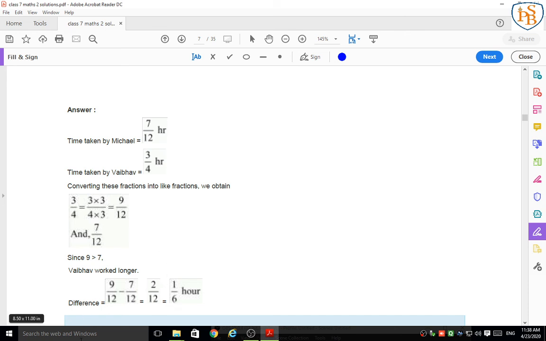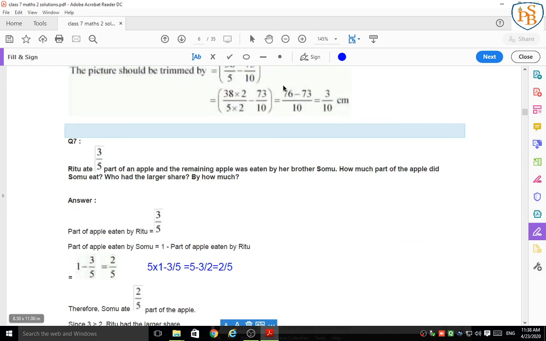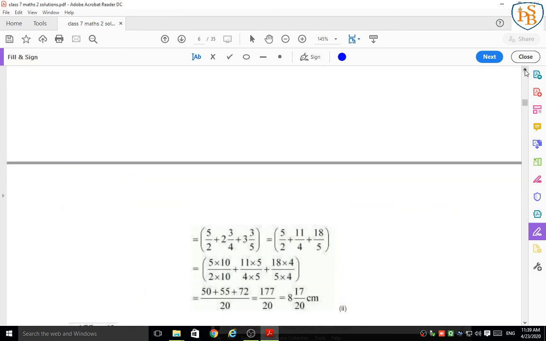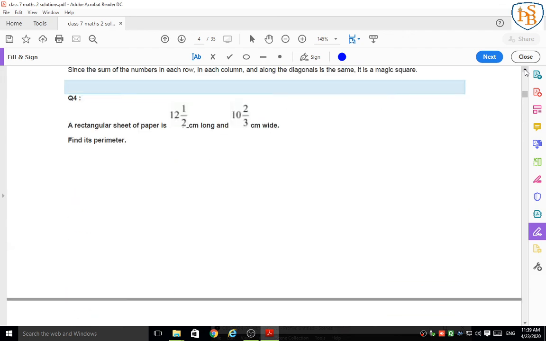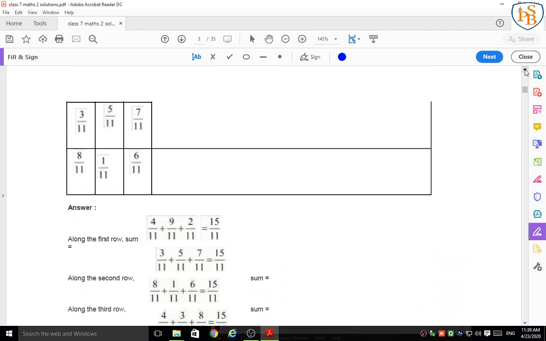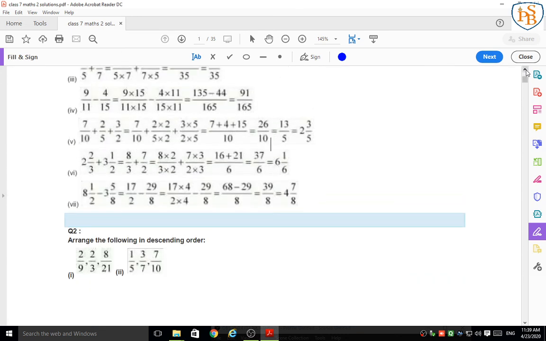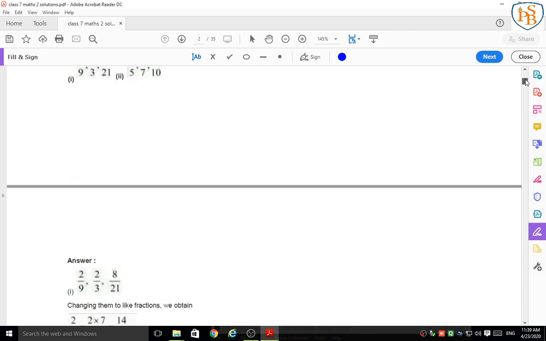Okay. This is our first exercise of second topic, that is fractions and decimals. Okay. You have already read that whole questions. Look here, again I am going to show you the questions of this exercise with the answers.